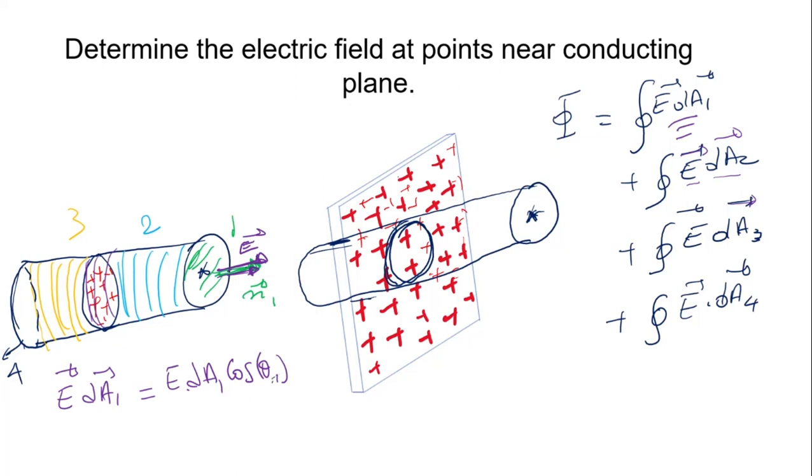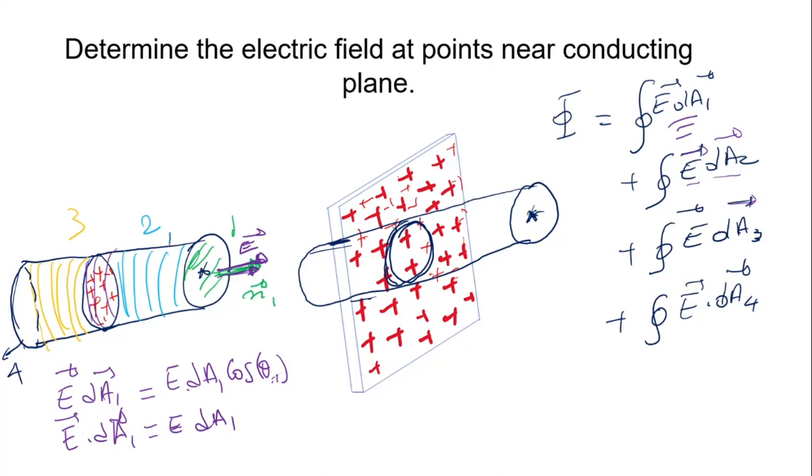Cosine of 0 is 1. So our E dot dA will be just E dA1. Okay, now look at the second area, the blue area 2.